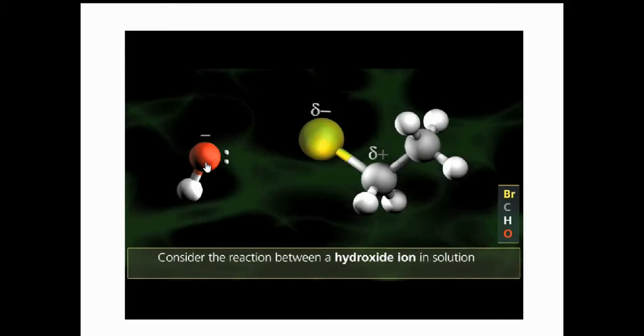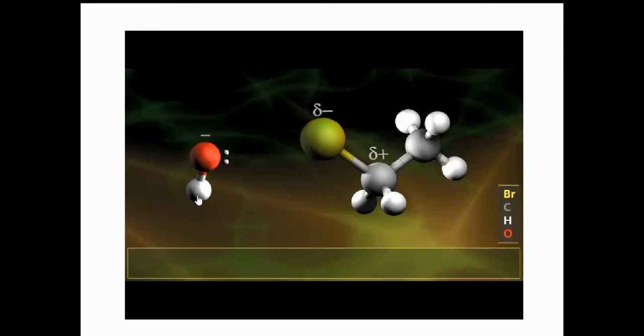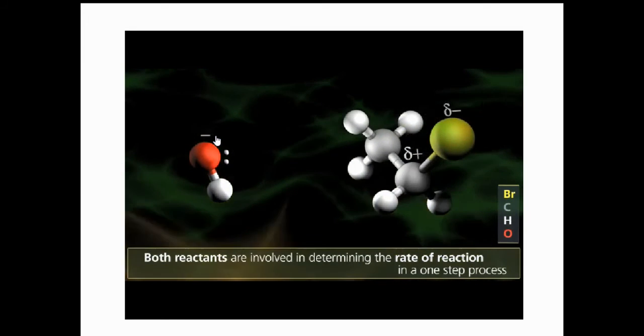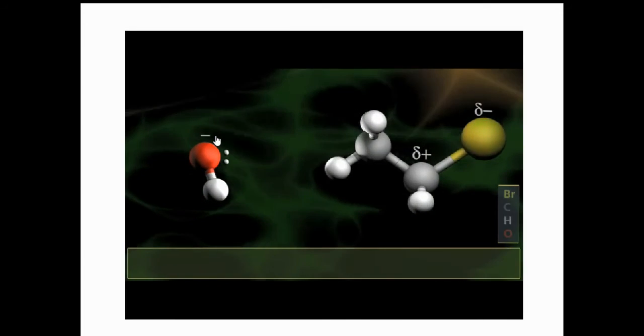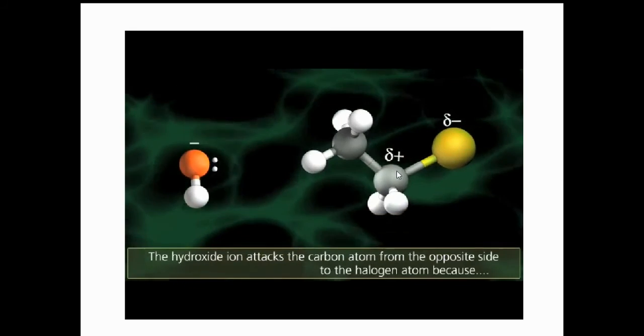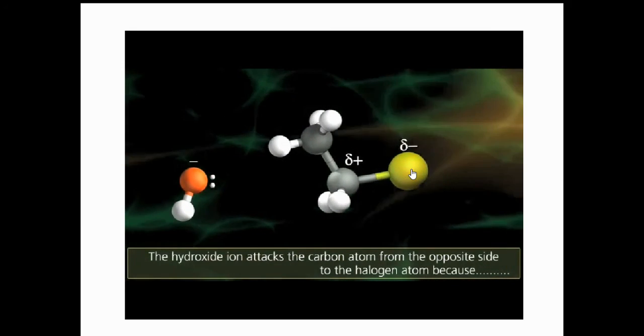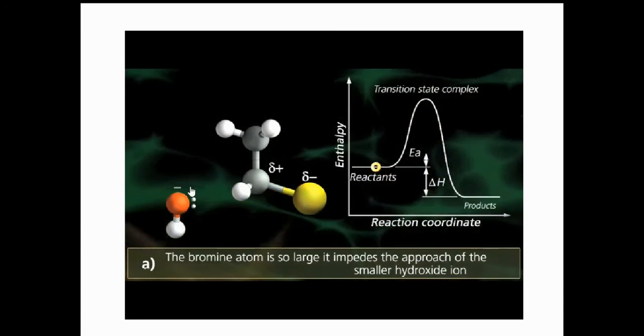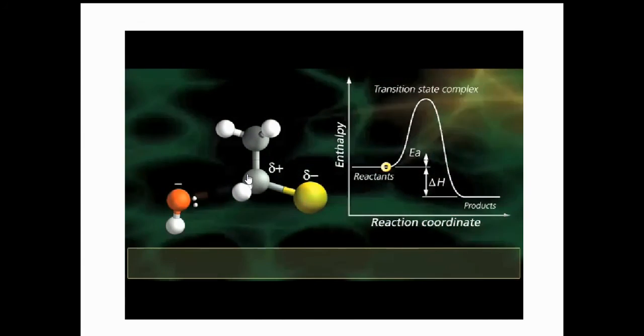This is oxygen, the red one is oxygen, this white one is H, with a negative charge. So this hydroxide ion has to attack the carbon from the backside to that of the leaving group. Now you can see that it is slowly approaching the carbon from the backside.